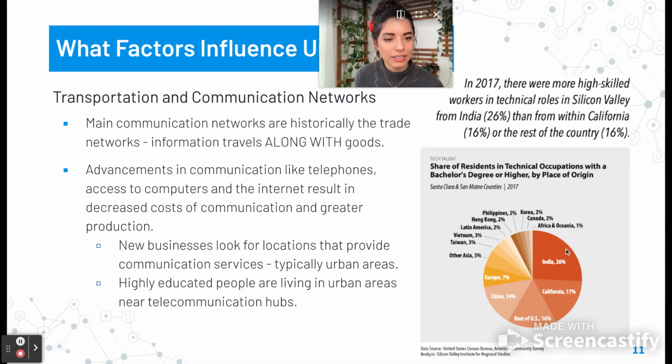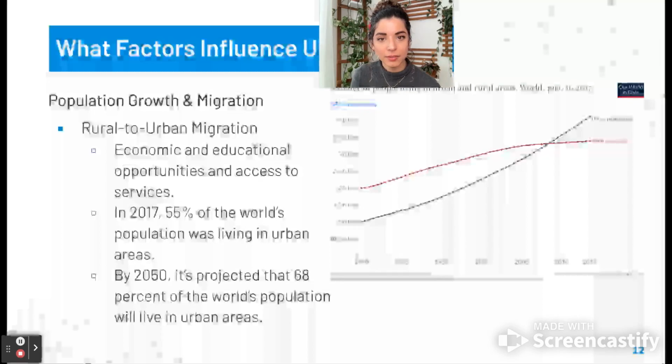So if we take a look at this here, we see the share of residents in technical occupations with a bachelor's degree or higher by place of origin. We definitely have a high number of highly skilled workers that are able to work from longer distances because of communications.